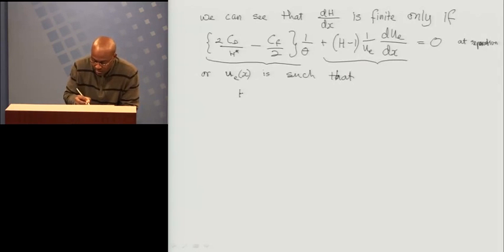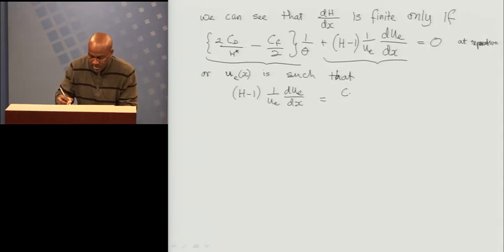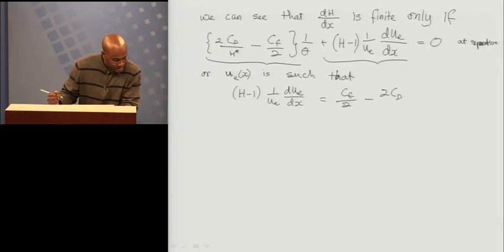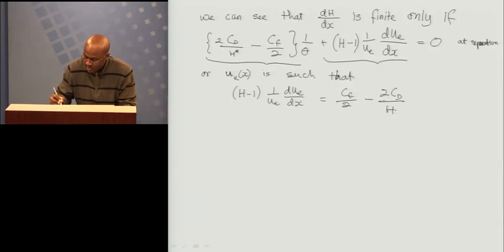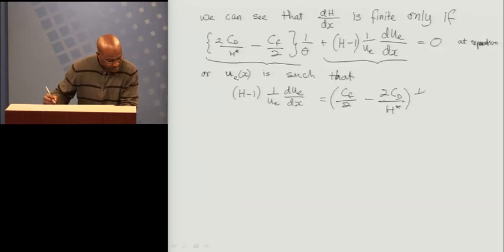So H minus 1 over UE dUE/dx should be equal to CF over 2 minus 2CD over H star, times 1 over theta. Let me put theta over here and multiply throughout by theta.